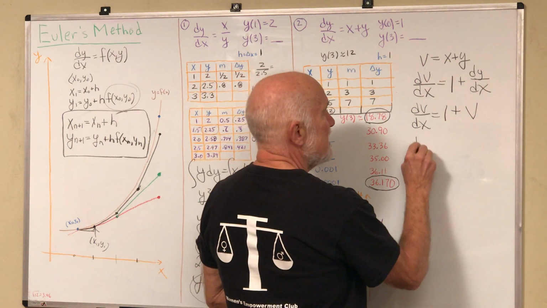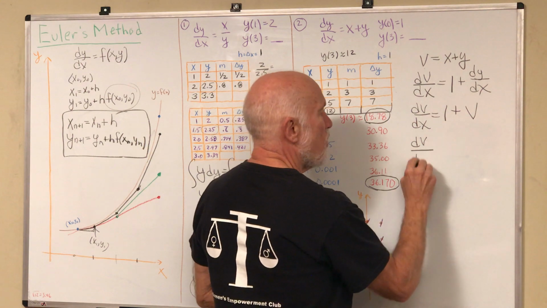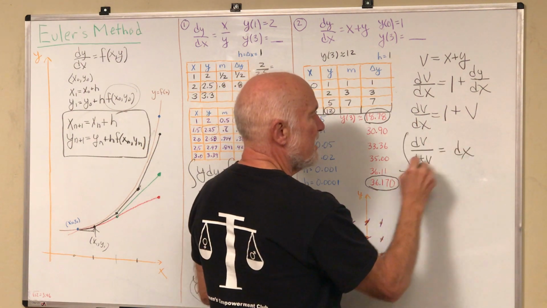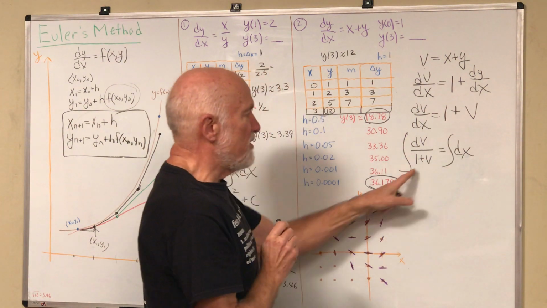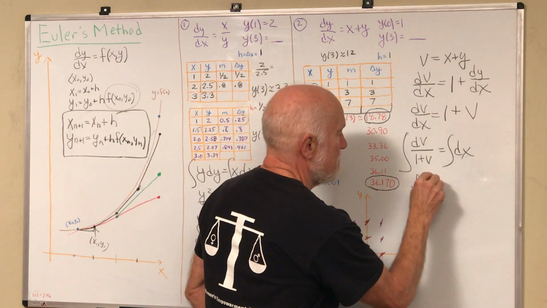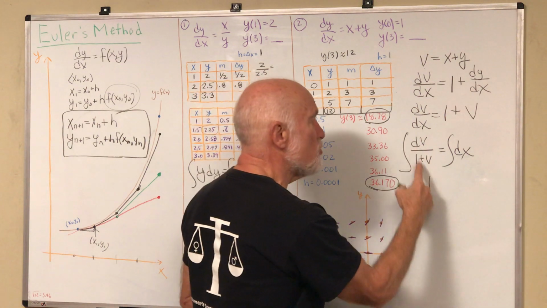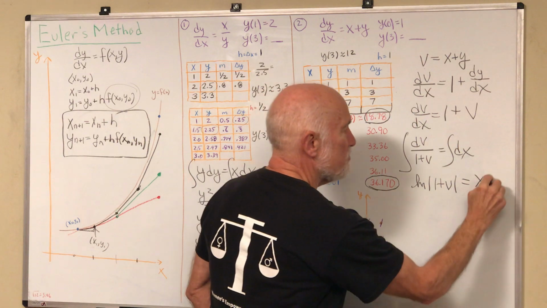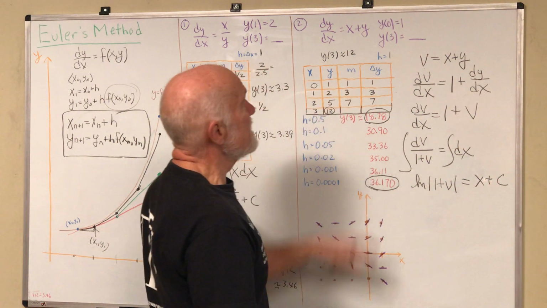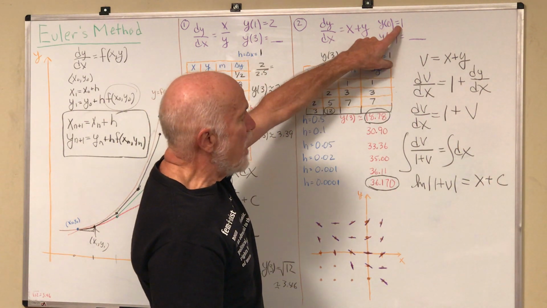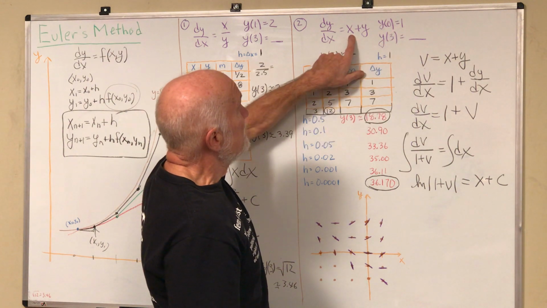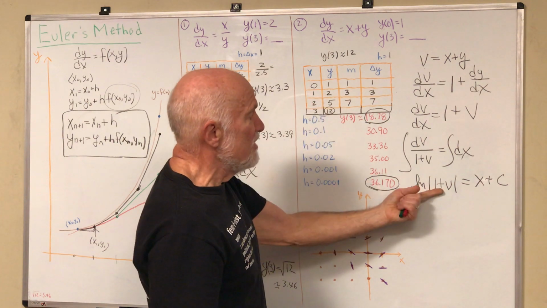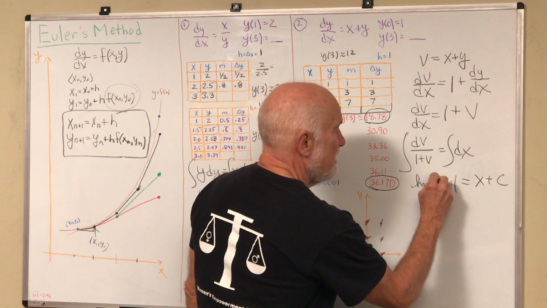I can go dv over 1 plus v equals dx and take the antiderivative of both sides. And this is in the form of du over u, and this is just x plus c. Now given that (0, 1), v is going to be positive, because x plus y is equal to v, so I can drop the absolute value sign.